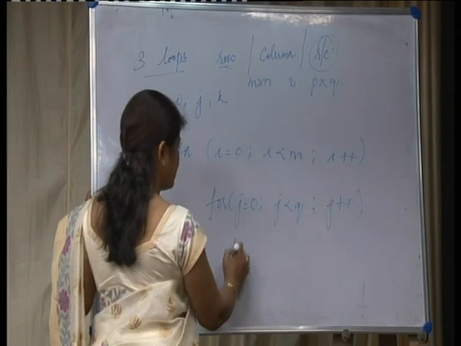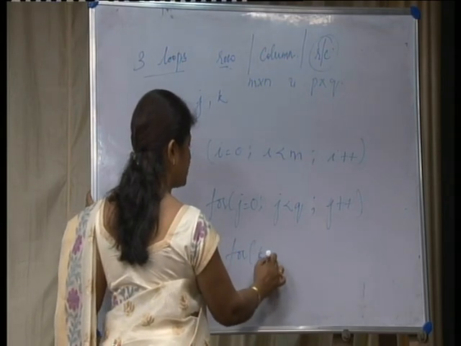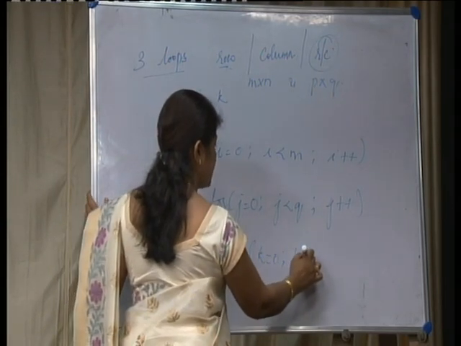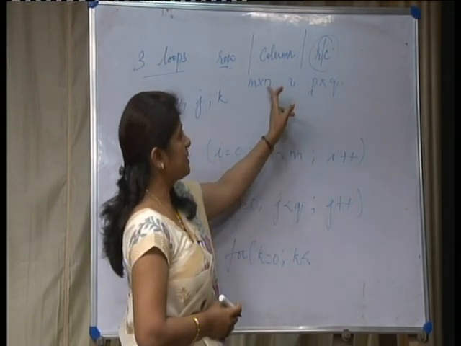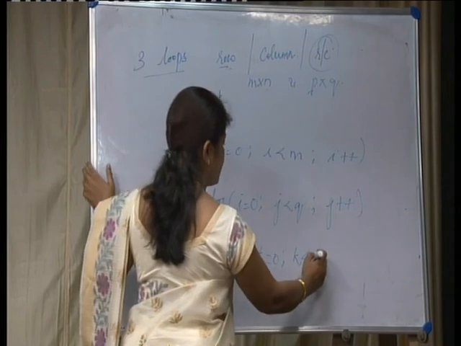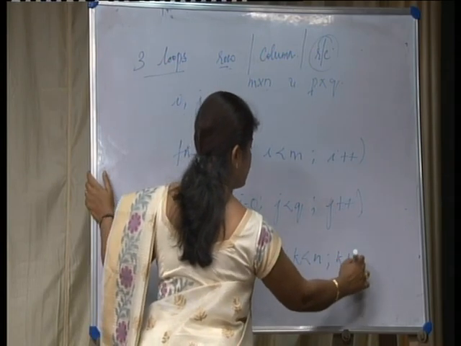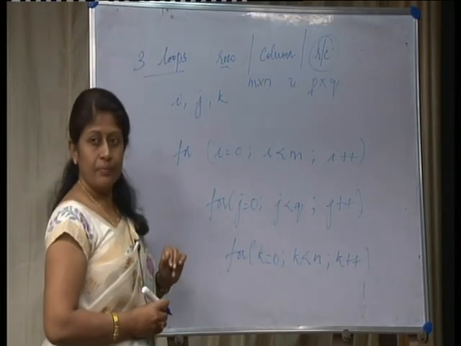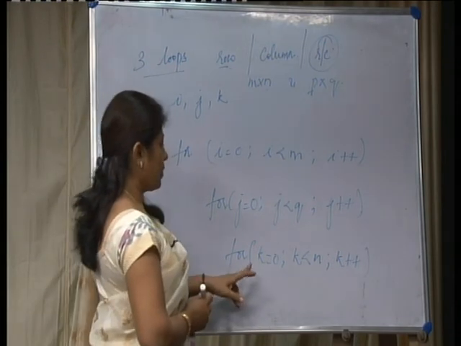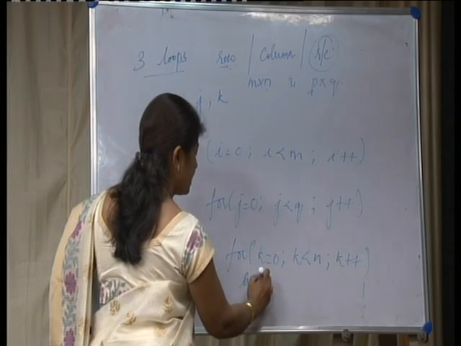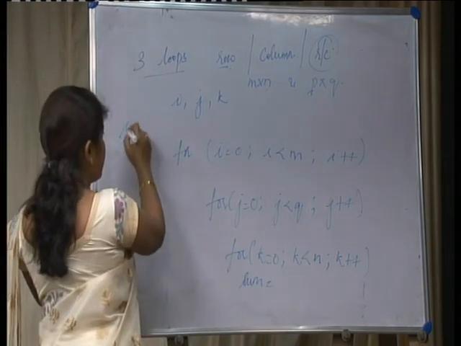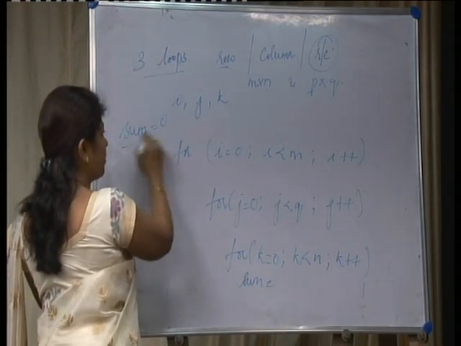and then another loop, that is for k is equal to 0, k less than n, any of these elements we can take because these two will be equal. So I will take it as n and k plus plus. And here what I am trying to find is, say I have a variable called sum which would be earlier initialized to 0.